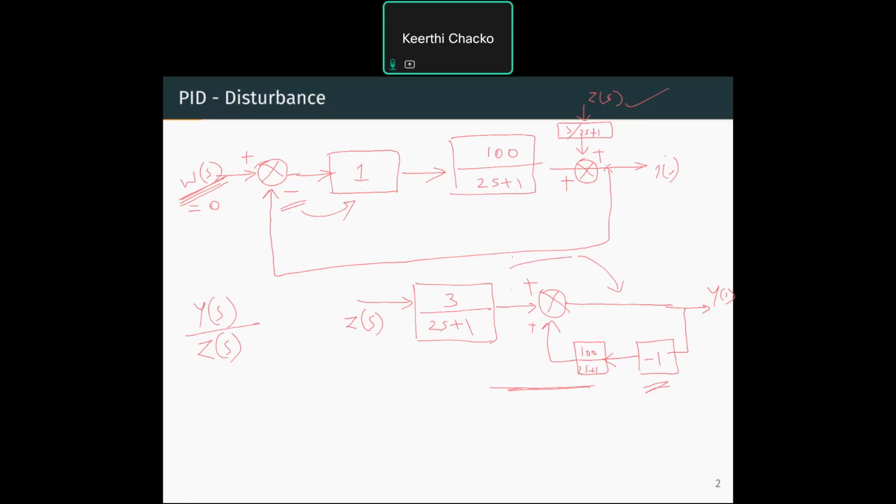Now how to get the transfer function here? So this part can be reduced as G(s) by 1 minus G(s)H(s). It is 1 minus since we have a positive sign here.